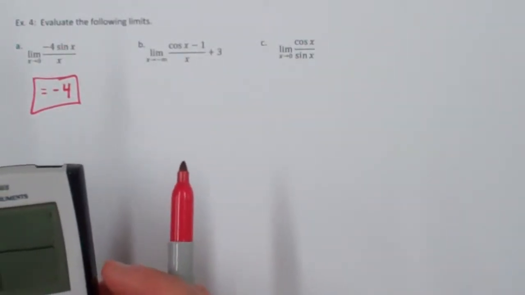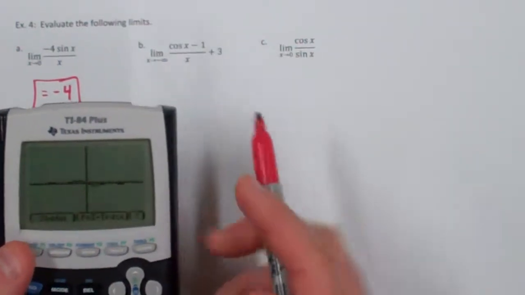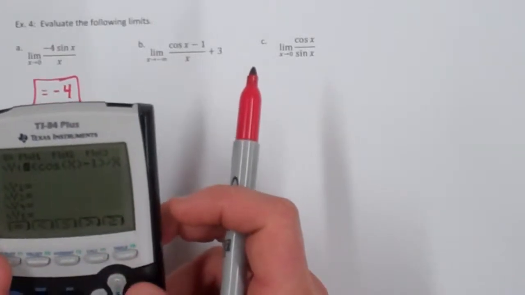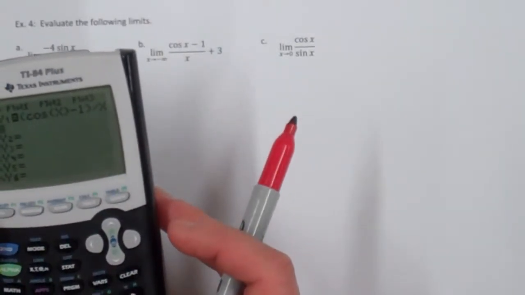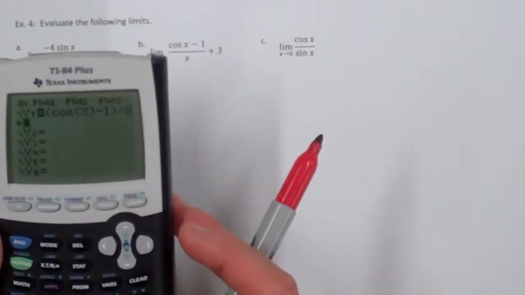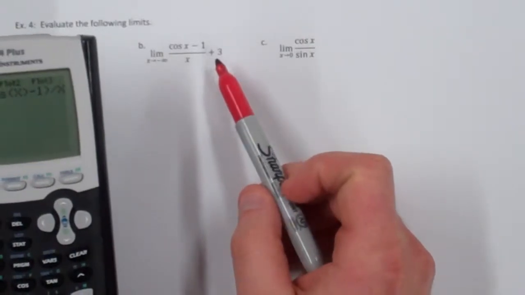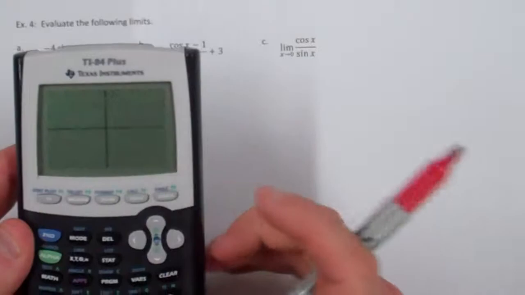And I may not have put the +3 in there. I have to go back, because this is a shift up 3, and for sure I did not do that. So if you happen to enter something in incorrectly in your calculator, if you're an intelligent mathematics student, you will know that your calculator is either lying to you or that you just forgot to type something in.